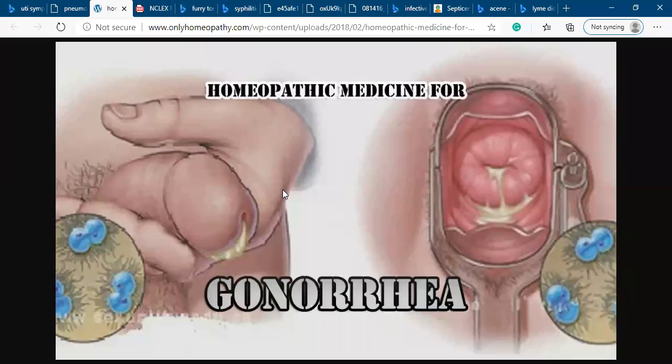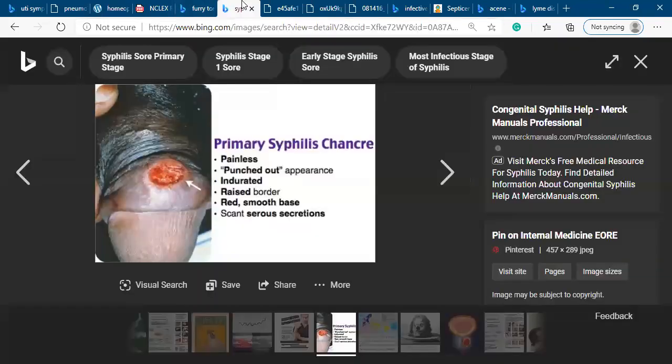In any kind of sexually transmitted disease, like gonorrhea or syphilis, we can treat it with tetracycline, right? Gonorrhea or syphilis can also be treated by penicillin.